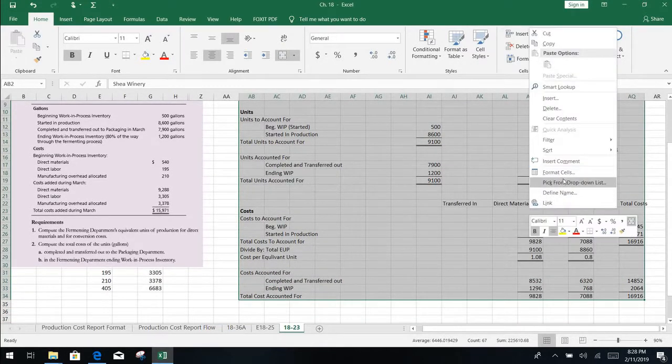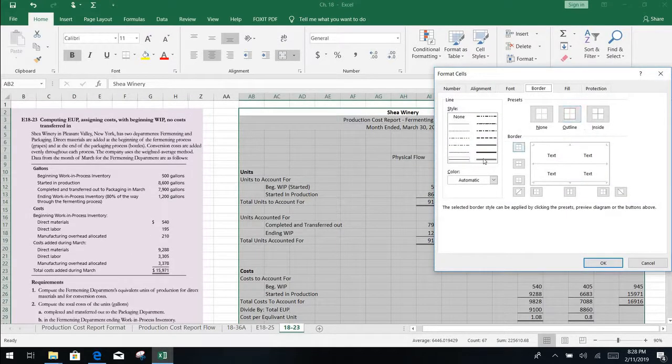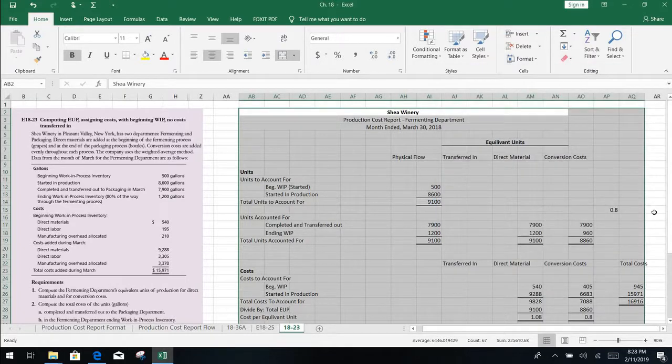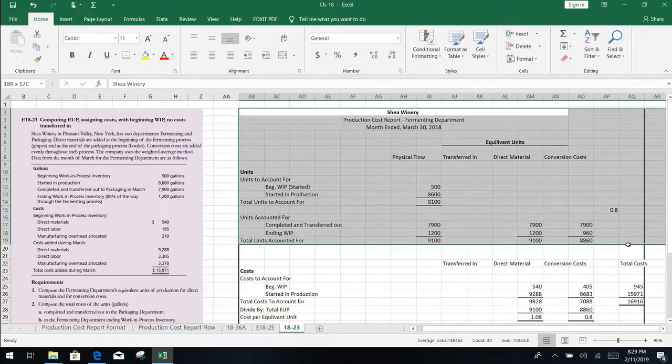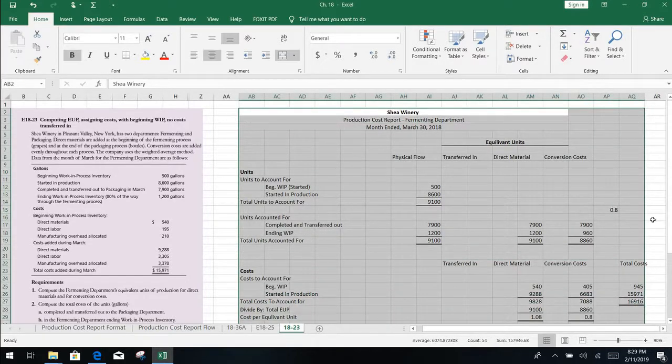Okay. Format cells. Outline. And click. Okay. It's a little bit off center because I added the total cost later, but let's check our work.